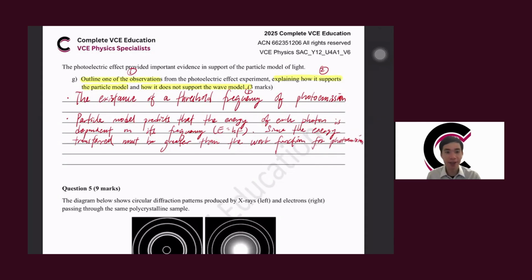Okay, sorry, a bit cranky towards the end. The frequency of the incident photons must exceed a threshold.